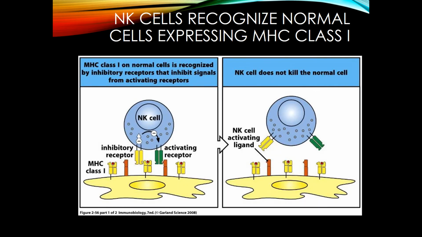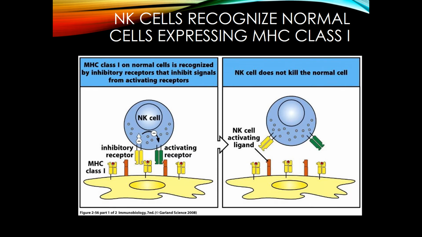Now I'll give you a little more of a graphic about this whole thing. So NK cells recognize normal cells expressing MHC class I. NK cells have an activating receptor that recognizes a carbohydrate on the surface of a normal cell. As you can see, that green little activating receptor. They also have an inhibitory receptor.